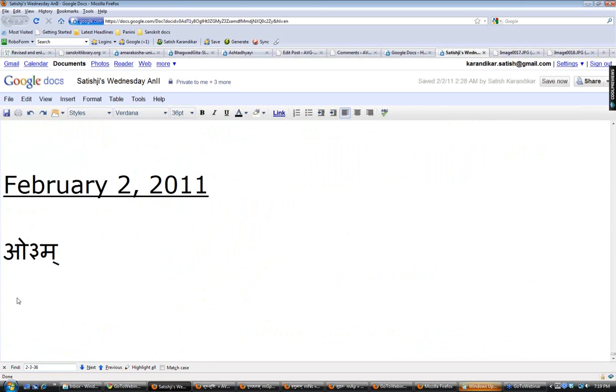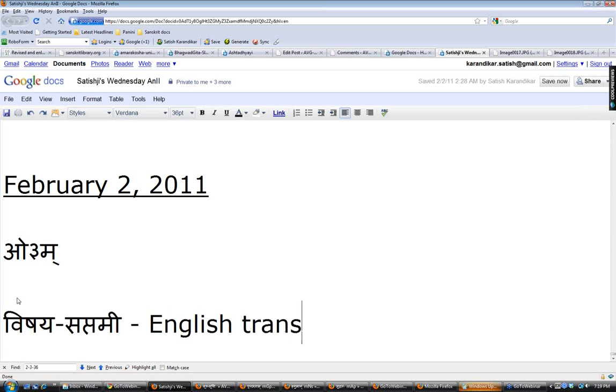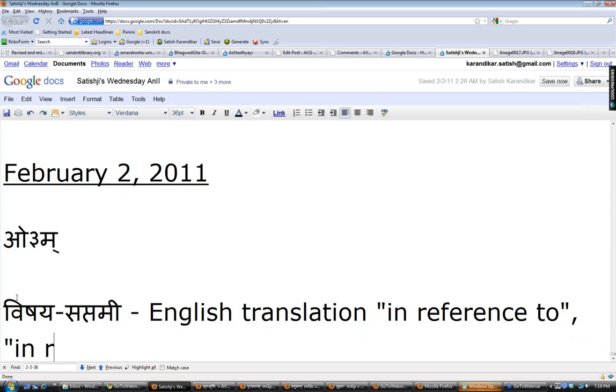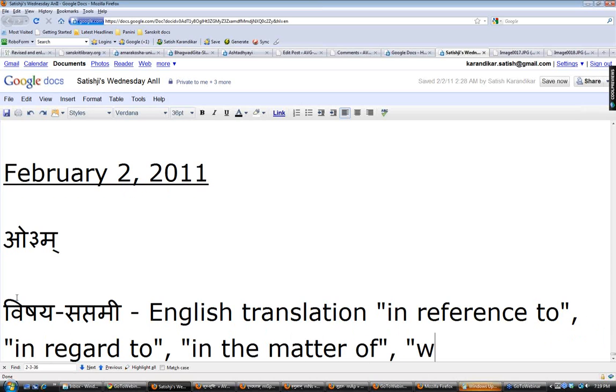So Vishaya Saptami, the English translation will be: in reference to, in regard to, in the matter of, or when it comes to.